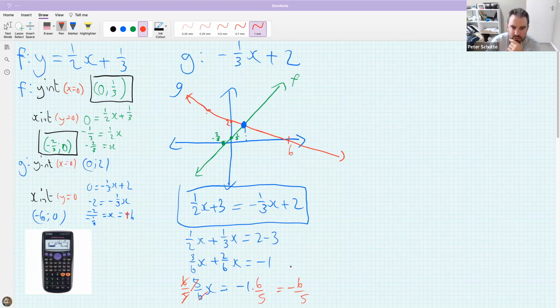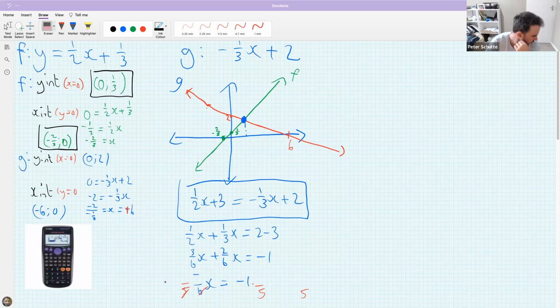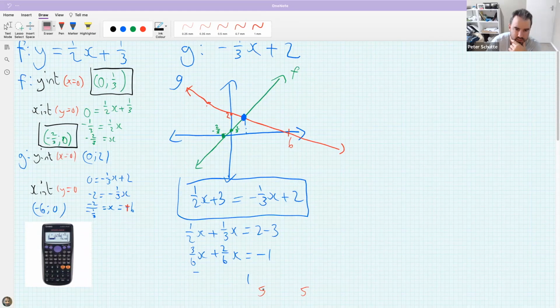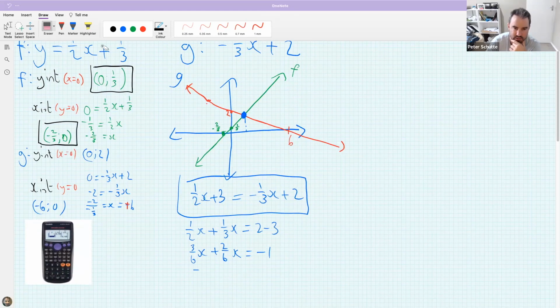How can it be a negative? Unless the thing is way out. Let's have a look. Have I made a little mistake along the way?